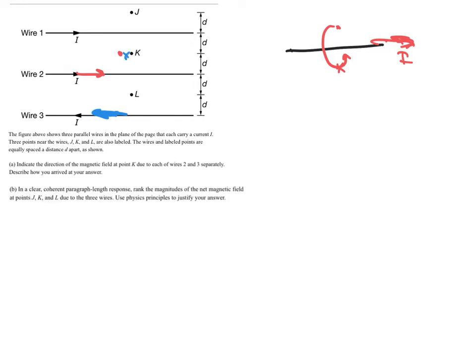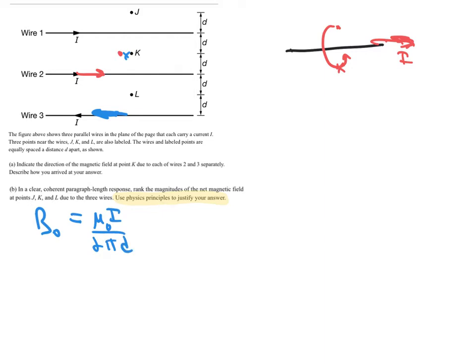In a clear, coherent paragraph length response, rank the magnitudes of the net magnetic field at points J, K, and L due to the 3 wires. Use physics principles to justify your answer. And again, as I've said in other ones, don't use magic wishing stones. Use physics. So we're going to start off by saying let's say that there's a fundamental unit of field, which is what's felt one distance away.